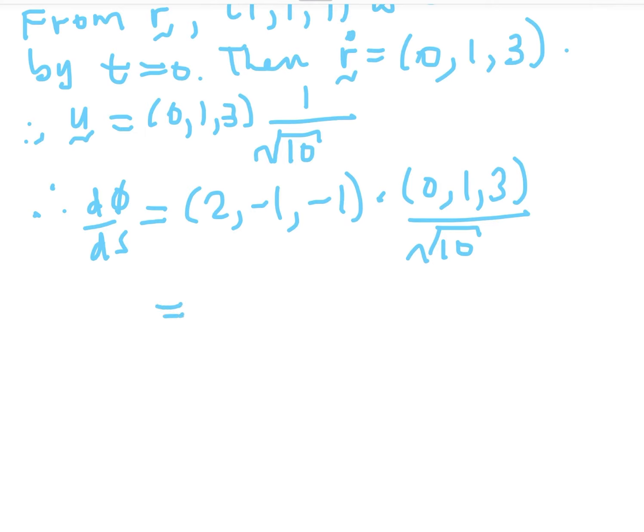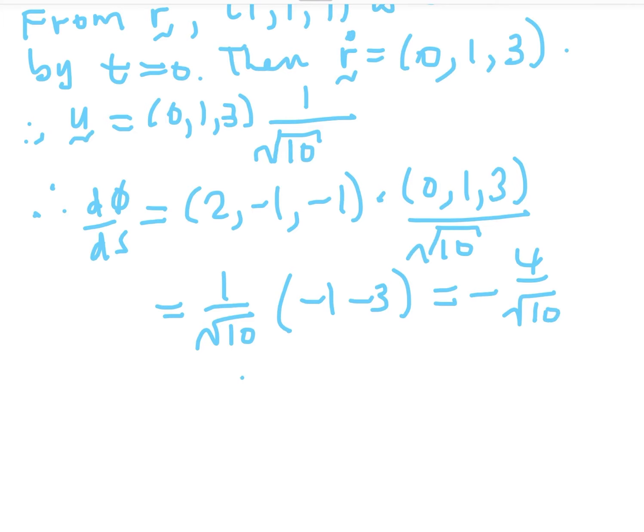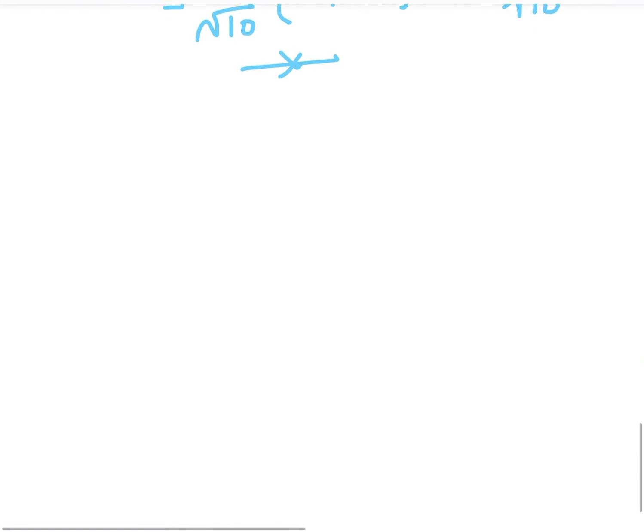So this is then 1 over the square root of 10 times 2 times 0 is 0, minus 1 times 1 is minus 1, minus 1 times 3 is minus 3. So this is then minus 4 over the square root of 10. That completes the second example for our directional derivative.